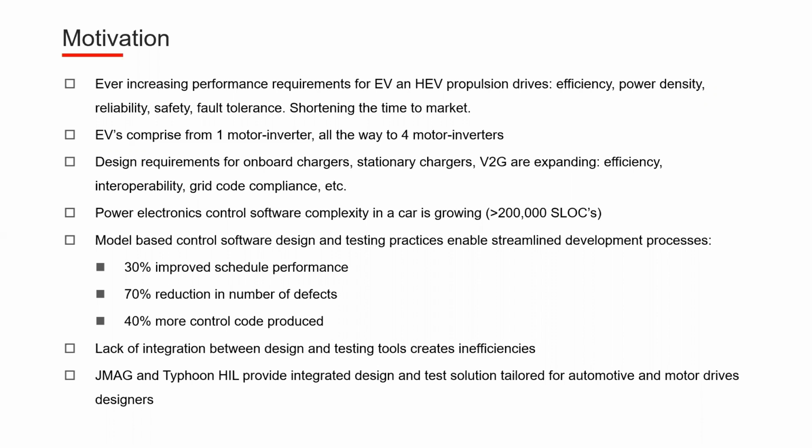There are reports that show that utilizing model-based control software design and testing practices can help us achieve 30% better schedule performance, so we release products within the given timeline. It can help us reach a 70% reduction in the number of defects. It can help us put out up to 40% more control code. So it can make smaller teams more efficient.